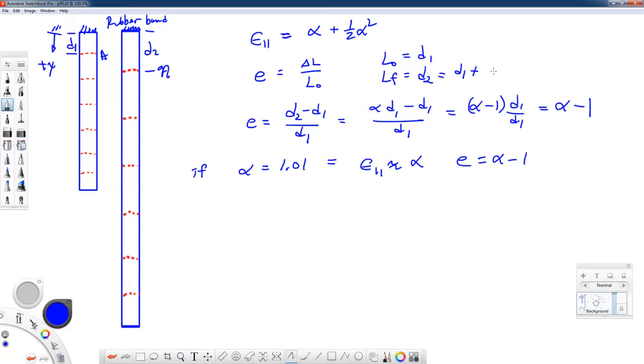And if the displacement looks like alpha times x, then this would be equal to alpha times d1. So this term right here isn't alpha times d1. This term for the final length is equal to 1 plus alpha times d1. And so when I combine those terms together, the d1s will cancel out. This term is not alpha minus 1. This term is just alpha.